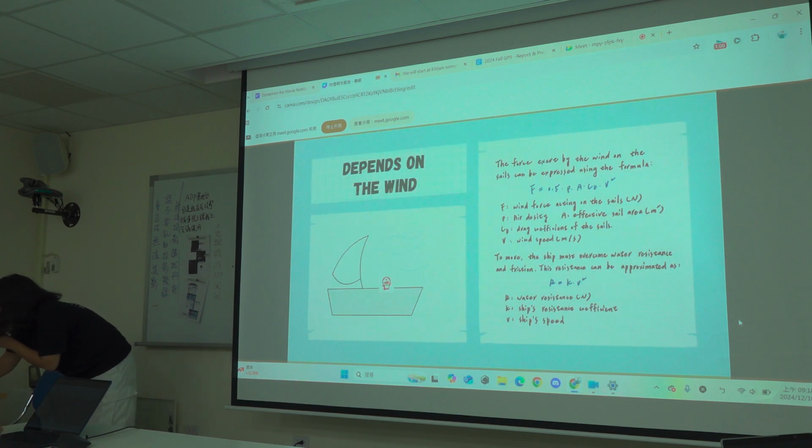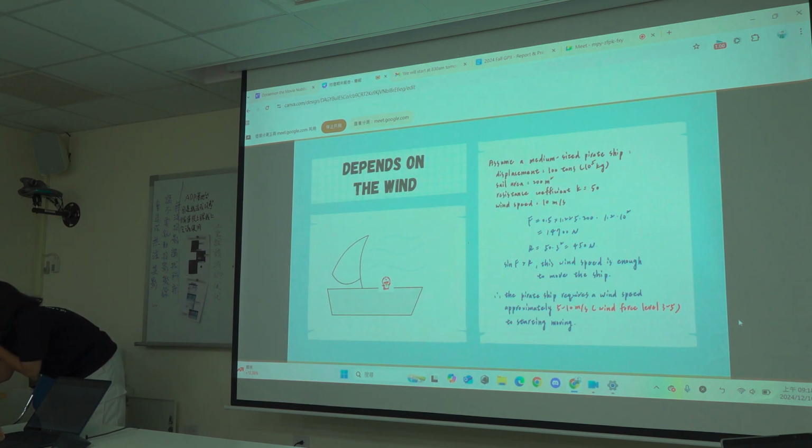Okay, and in this example, a medium size sail ship is 100 tons and its sail area is 200, and the K is 15 and the wind speed is 10.